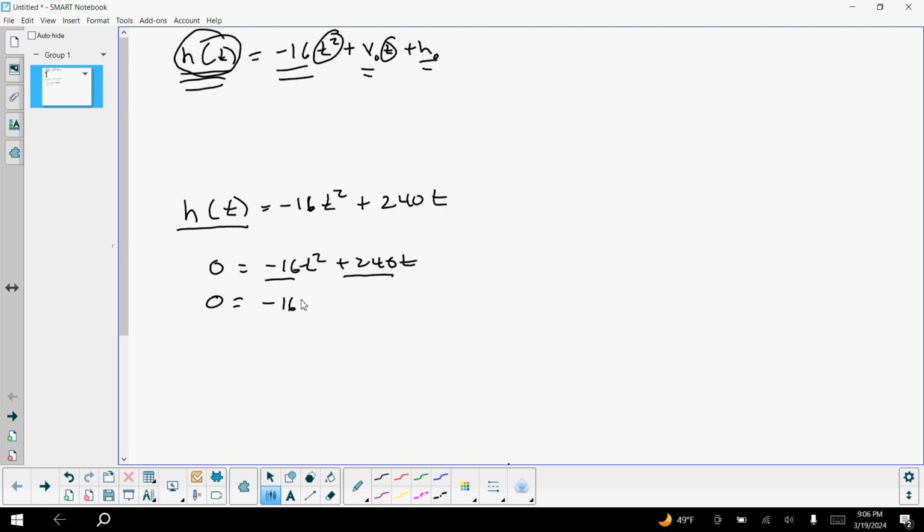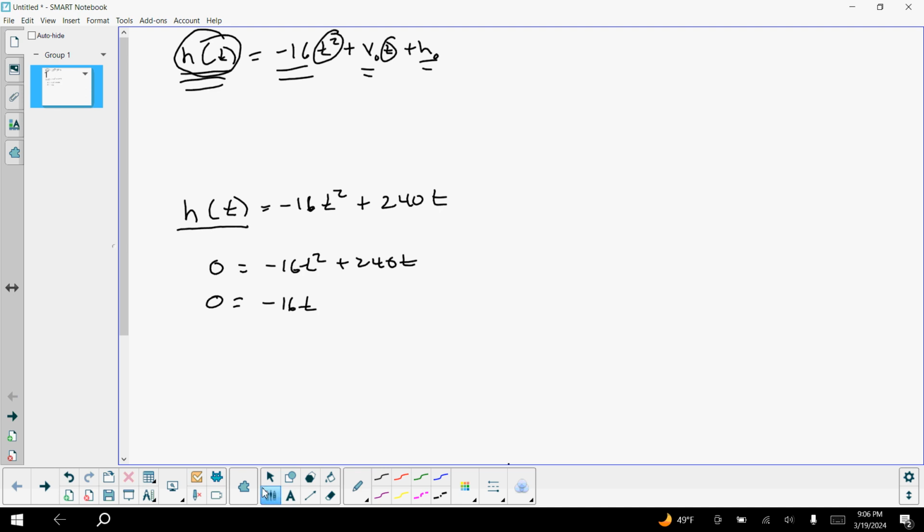Next question. Is there a variable common in both terms? Is there a t in both terms? Yep. Is there a t squared in both terms? No, because the second one is only t. There's a t squared in the first one, but the second one is not. So we're factoring out a negative 16t.